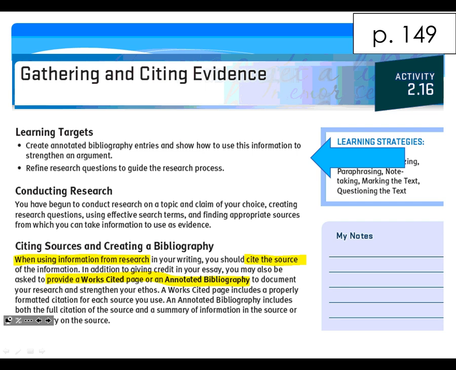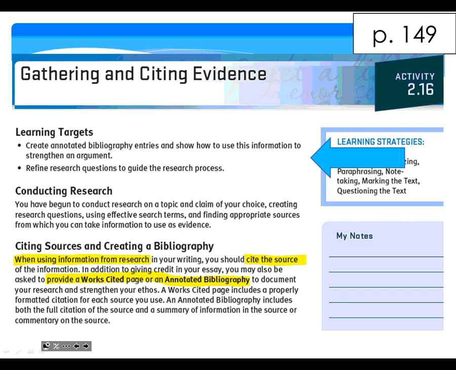Now, one thing that I want you to highlight is this little statement here. Whenever you're using information, facts, words that are not your own, you always need to cite them. You need to give credit to the author. And there's 2 ways that you can do that. Writing something called a works cited page, which every single one of you has done, or working with something called the annotated bibliography, or ANBIB.